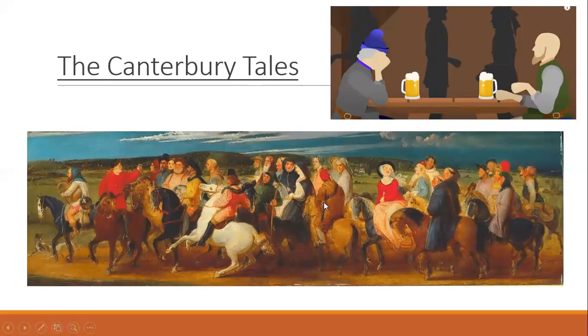So on their trip, each one of them starts telling a story, in order to make the time pass faster and to entertain themselves, and they wanted to see who can tell a better story. Okay, so this is the whole idea behind the Canterbury Tales.